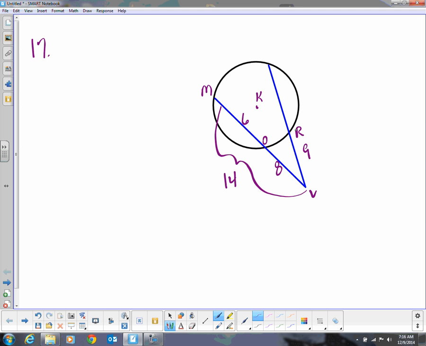This is VR, and ultimately they want ER. If you want to do the simplest algebra possible, then make the whole thing X. So how do we set this up? What's the rule? Out times whole equals what?